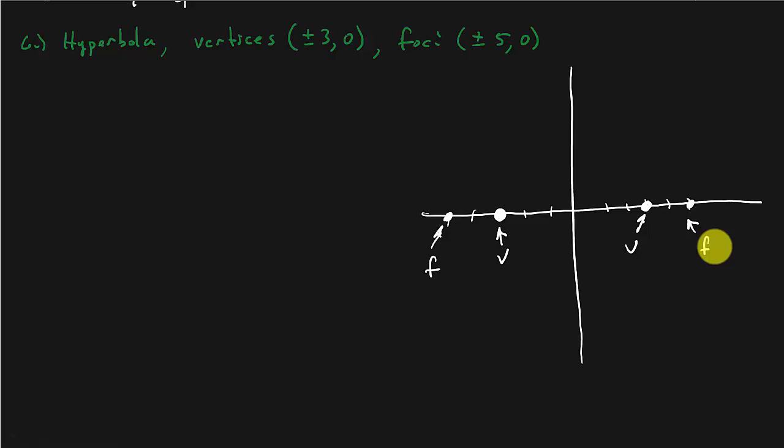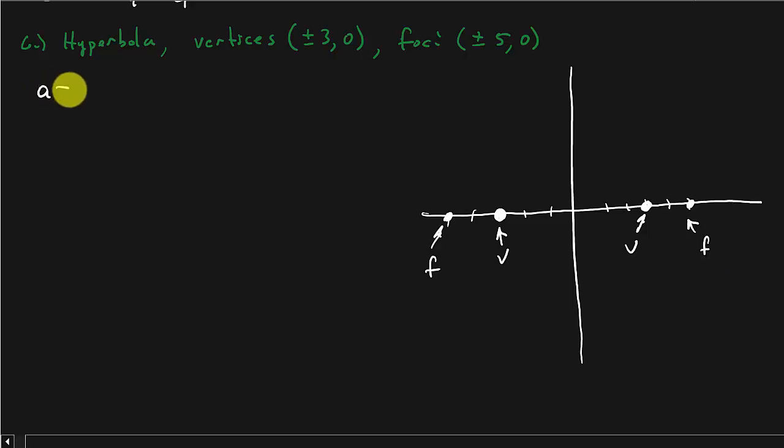So what do we need? We need a squared and we need b squared, don't we? So let's look at this. We know that a is 3, right? That's for the vertices. We know c is 5, because that's how many units we move left and right from the center. And we have c squared is equal to a squared plus b squared.